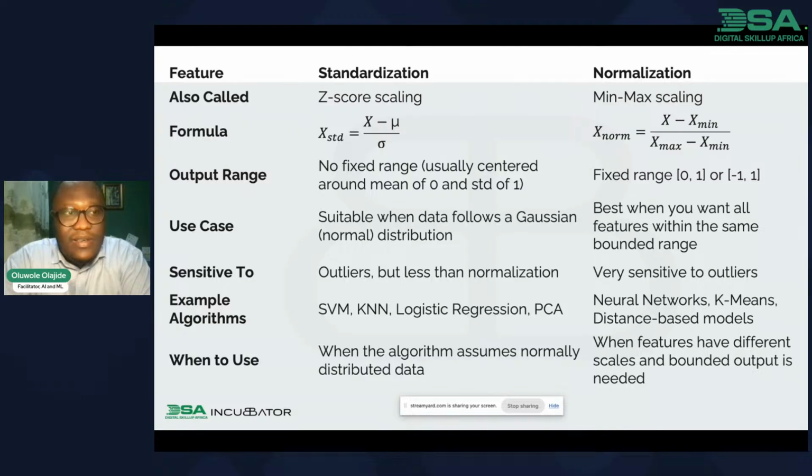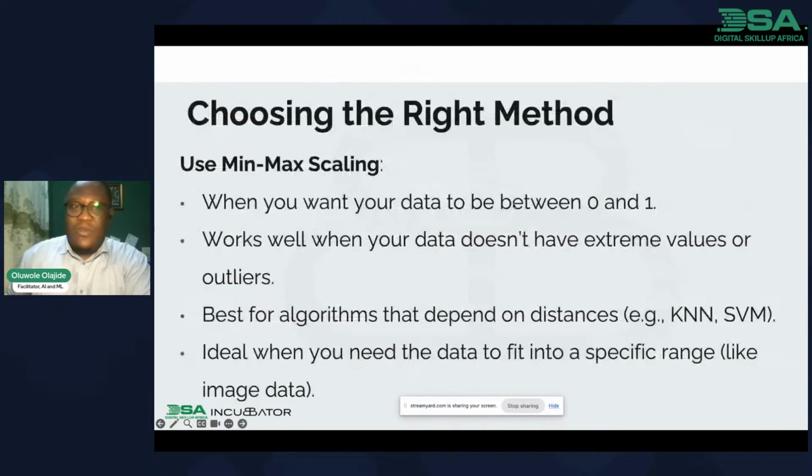So you can see the output range. For standardization, no fixed range, usually centered around a mean of 0 and standard deviation of 1. Then min-max has a fixed range of 0 to 1, depending on how you have calculated it. But basically, I always prefer you fix it within 0 and 1.